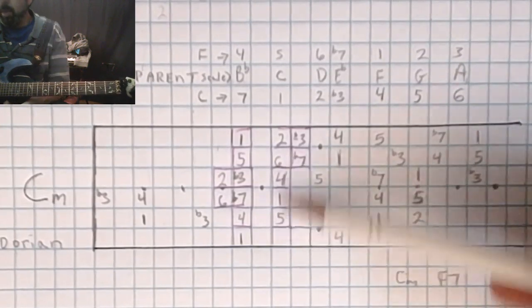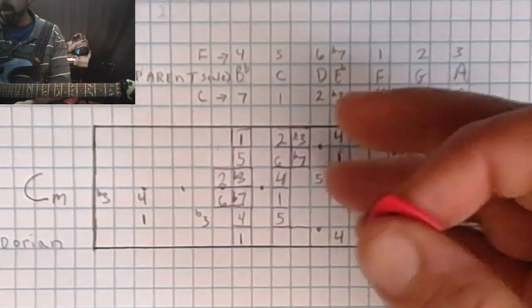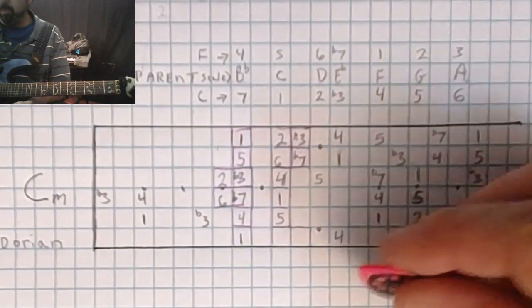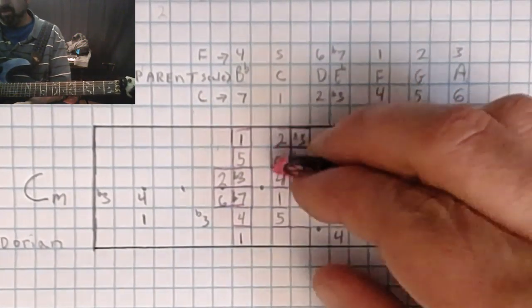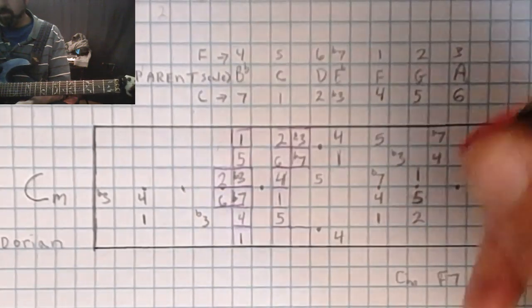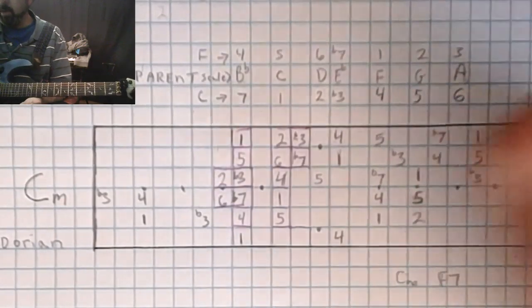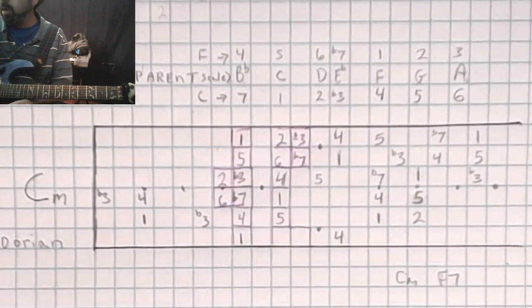No matter what you're doing, even if you play right across the change, or you change direction when the chords change, as long as you're hitting these parent scale notes, you're going to be fine. It doesn't really matter that you were on the 4 and it turned into a 5.